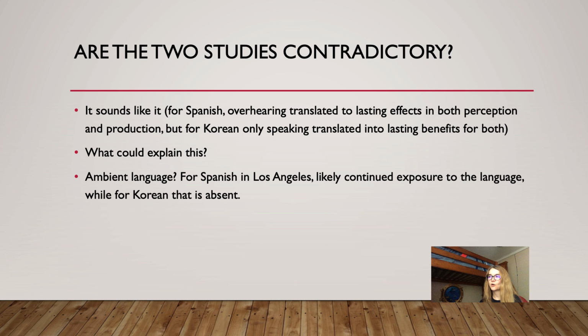Whereas for the Spanish speakers, because of the environment in Los Angeles, they probably continued to overhear it over time. So maybe it's not enough to just overhear the language when you were very young, but maybe overhearing over time translates into those payoffs later.